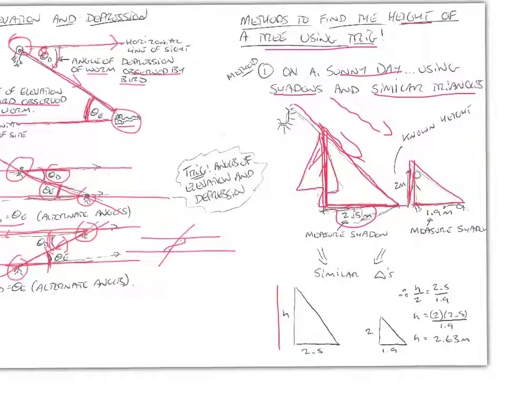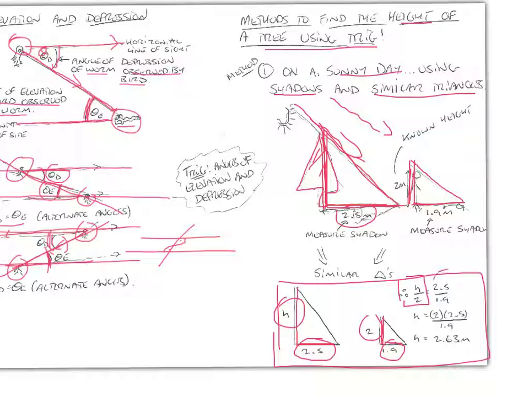But they can compare the two triangles using a similar triangles method, where this side corresponds to this side here, and this side down here would correspond to that side. Basically the ratios of the sides would be equal. So this side over its corresponding side, h over 2, would be equal to this side here over its corresponding side, 2.5 over 1.9.